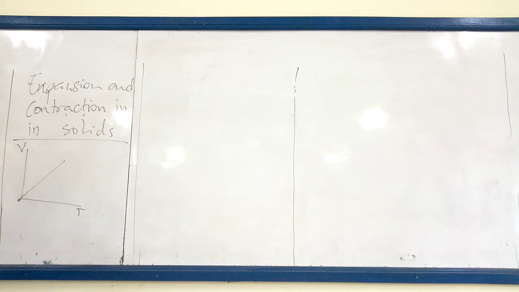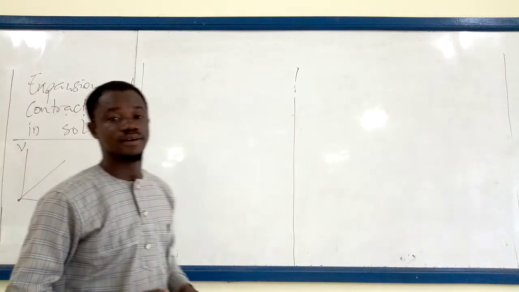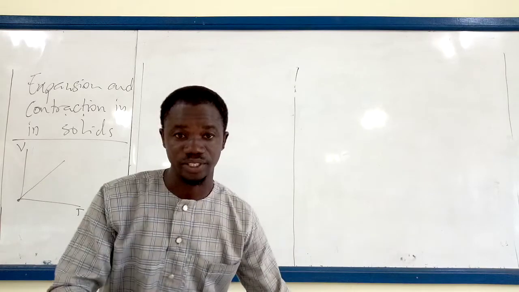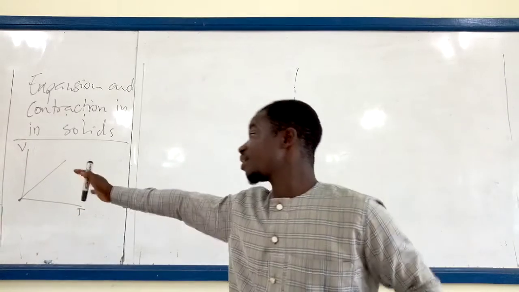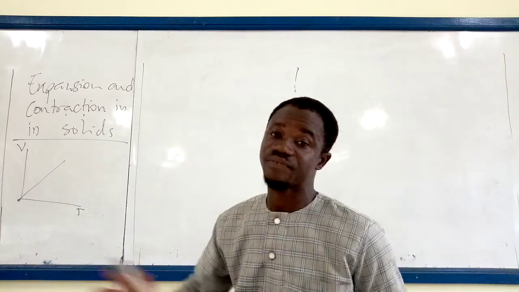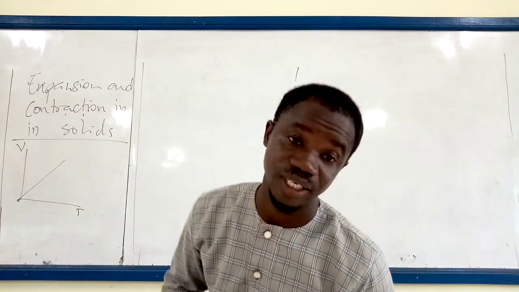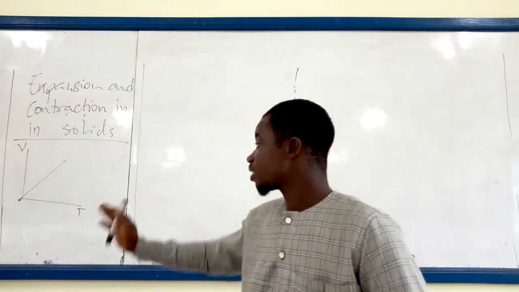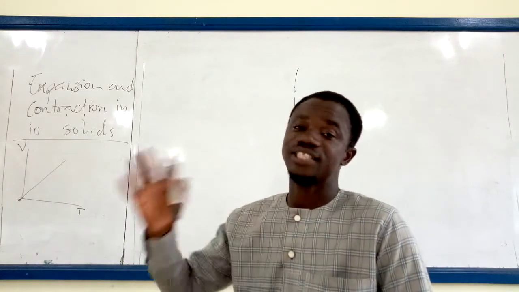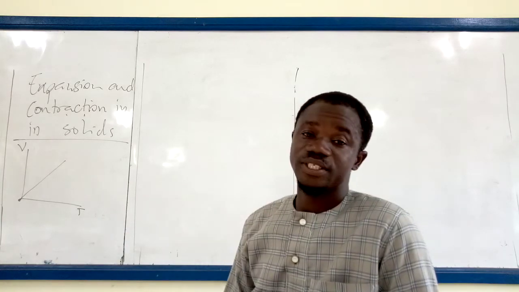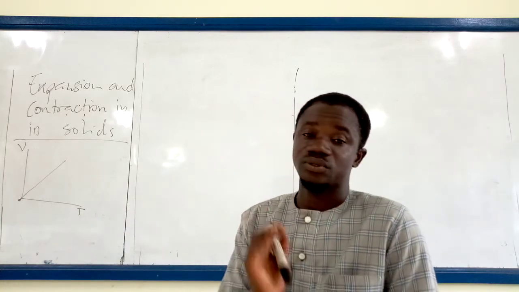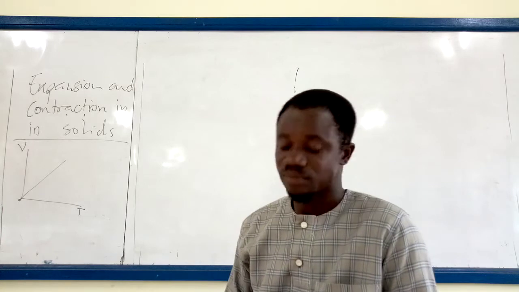What this means is that volume expands linearly with temperature for solids. This is a general expression. Some solids may differ slightly. Not all solids have this property, but this is a general property graph for solids, mostly metals.